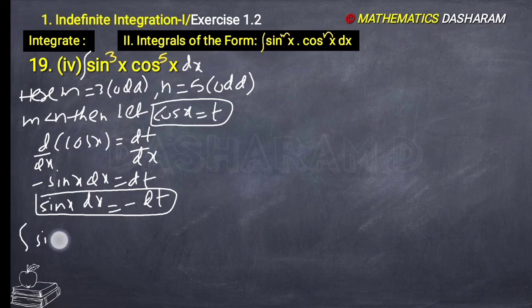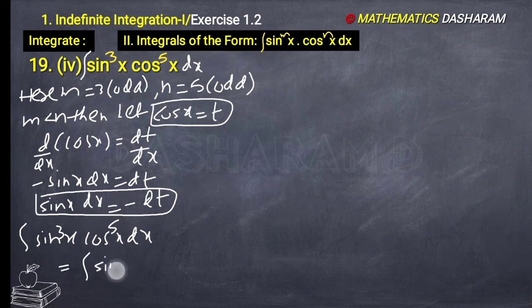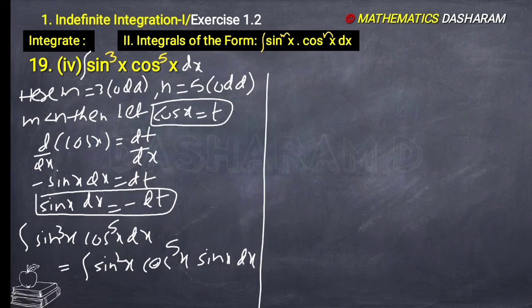So once more write the question: sin cube x cos to the power of 5 x dx. Here sin cube x I am writing as sin square x into cos to the power of 5 x into sin x dx.